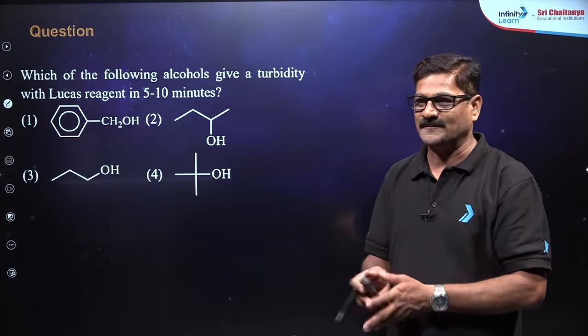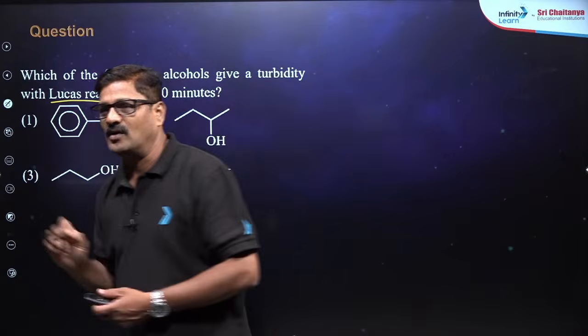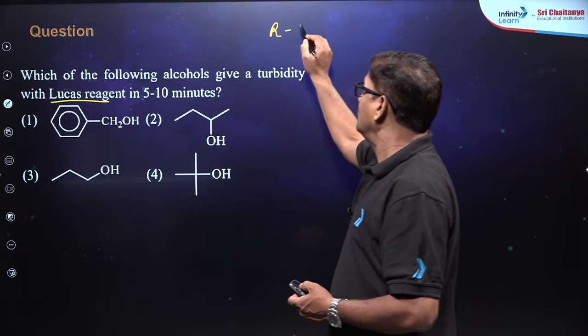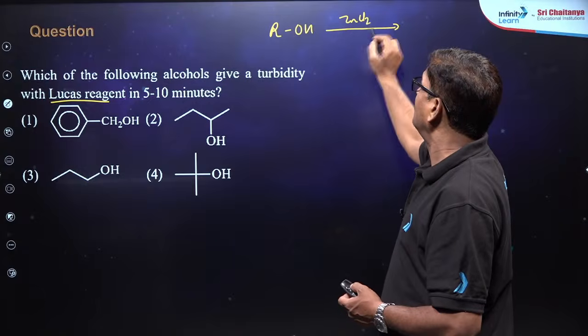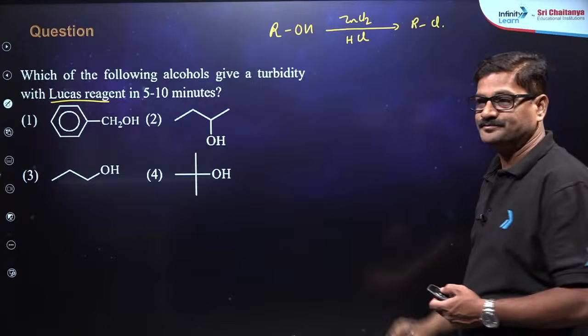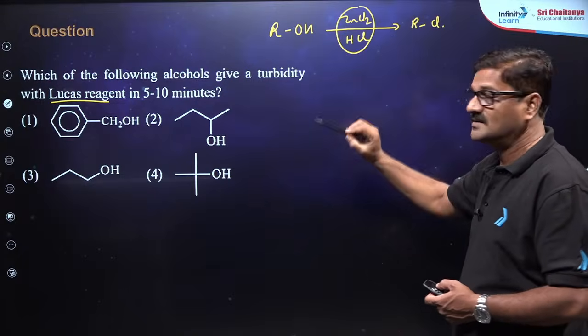Waiting for your answer. So, what is a Lucas reagent? What will be its work? When alcohol is treated with Lucas reagent, anhydrous zinc chloride and concentrated HCl, you are going to get alkyl chloride. And this is what is called a Lucas reagent.